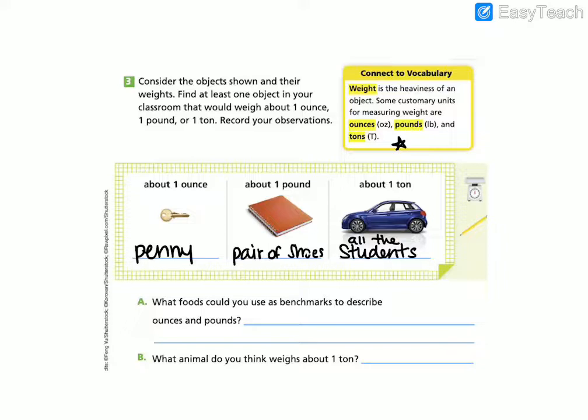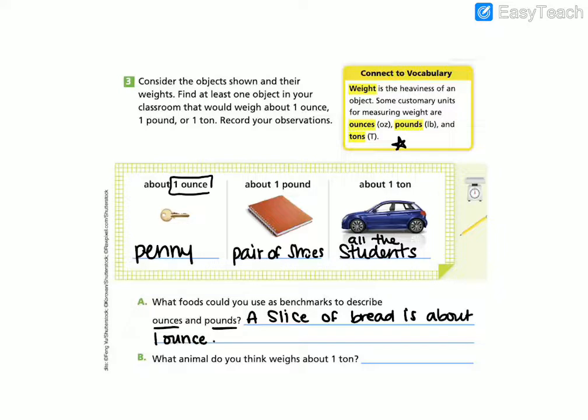So now let's answer letter A. What foods could you use as benchmarks to describe ounces and pounds? Now, if we're thinking about an ounce, that's a pretty light thing that we're picking up. So an ounce, you might think about as a slice of bread. So a slice of bread is about 1 ounce.